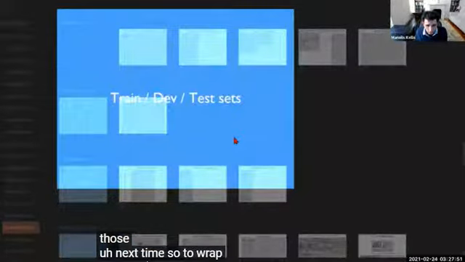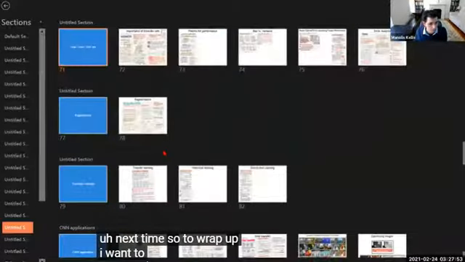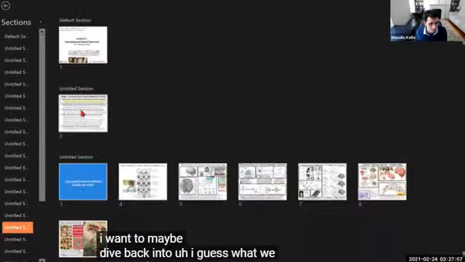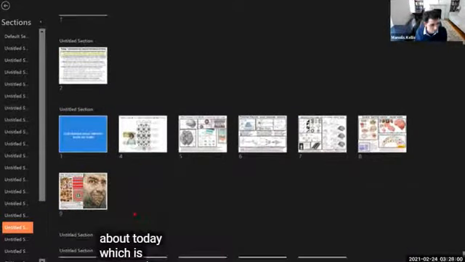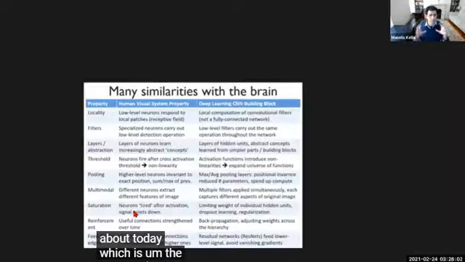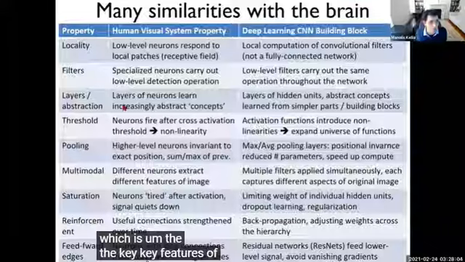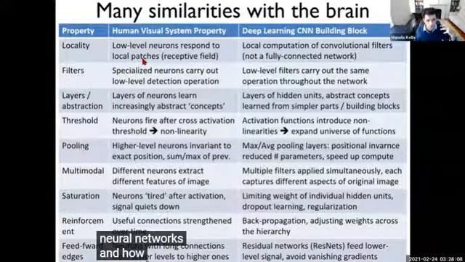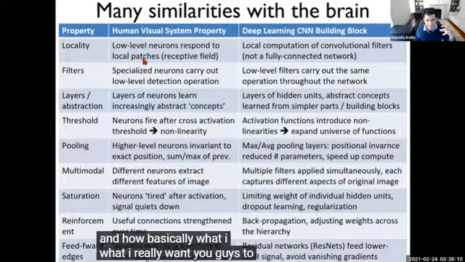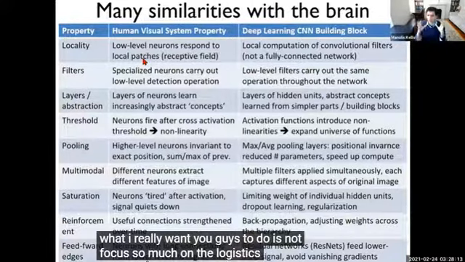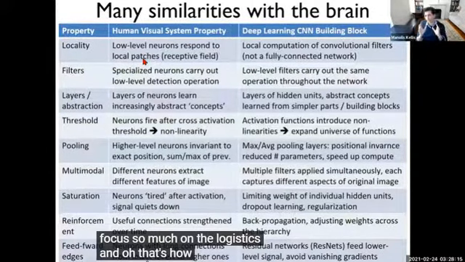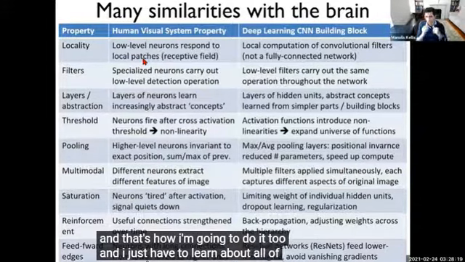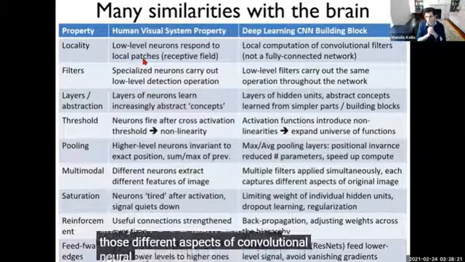So to wrap up, I want to dive back into what we talked about today, which is the key features of convolutional neural networks. What I really want you guys to do is not focus so much on the logistics, and, oh, that's how it's always been done, and that's how I'm going to do it too, and I just have to learn about all of those different aspects of convolutional neural networks.